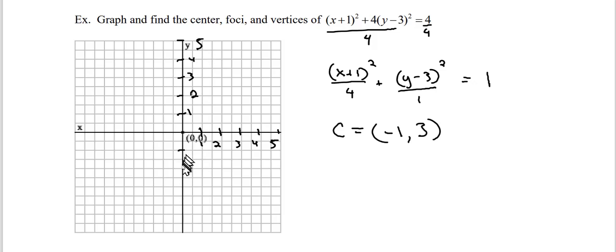Okay, and then the negatives this way. Negative 1, 3. That will be my center.